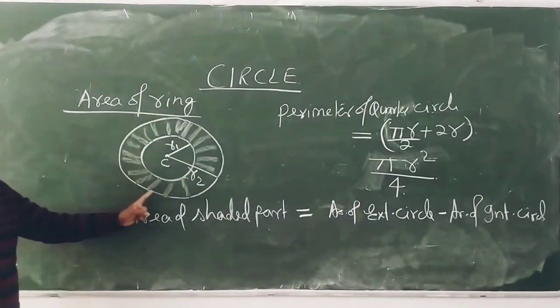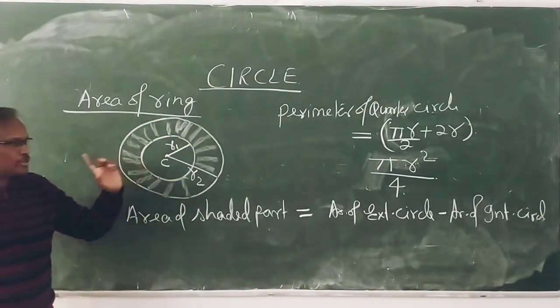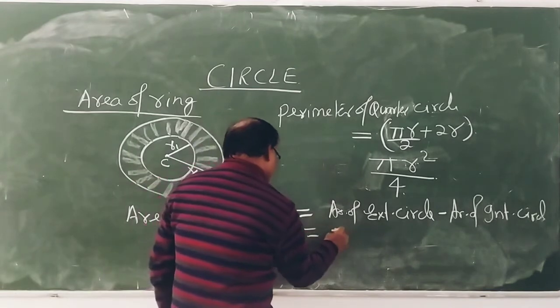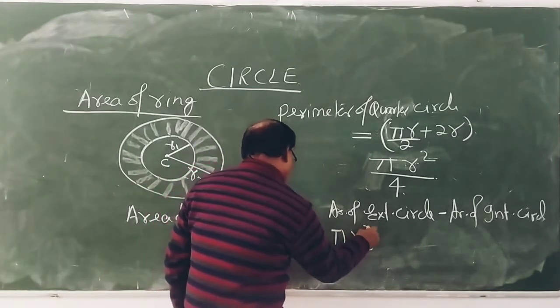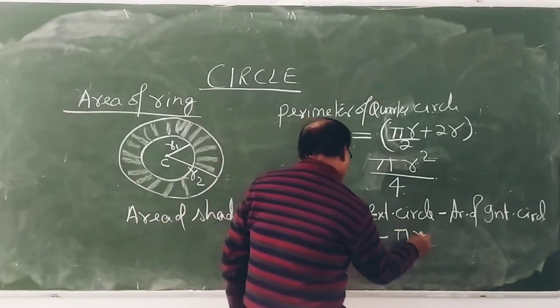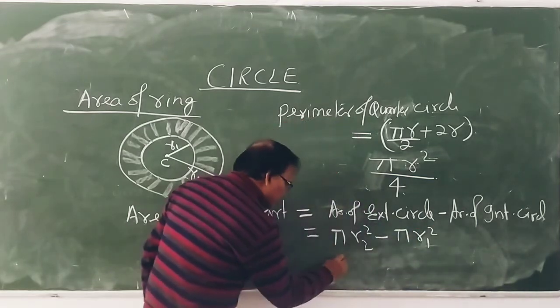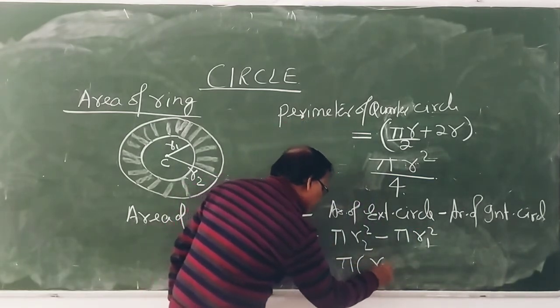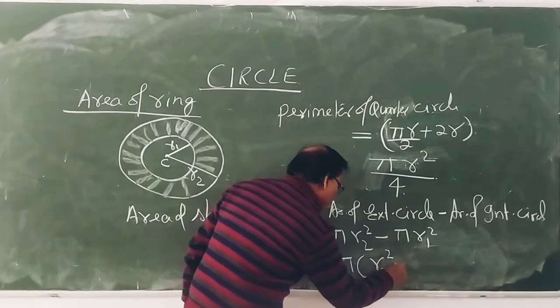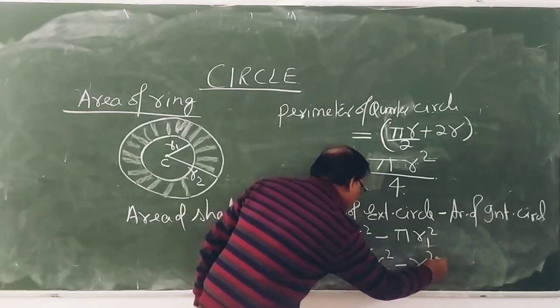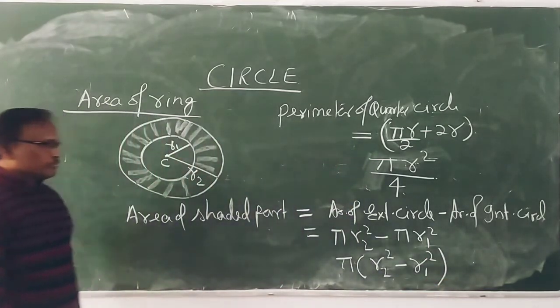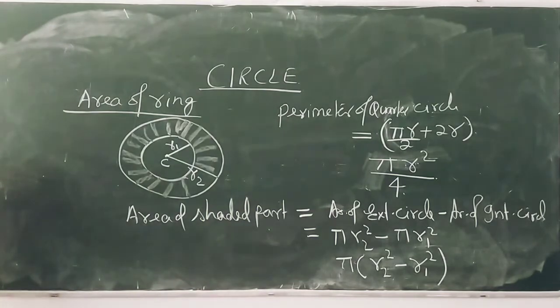External circle का area निकालें minus internal circle. So this is pi R2 square minus pi R1 square, and then you can take pi common: pi into R2 square minus R1 square. This is the area of the shaded part.